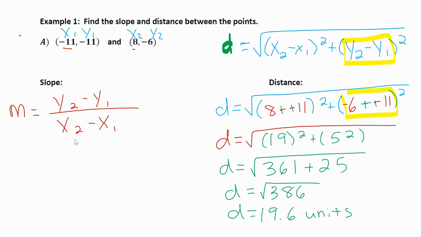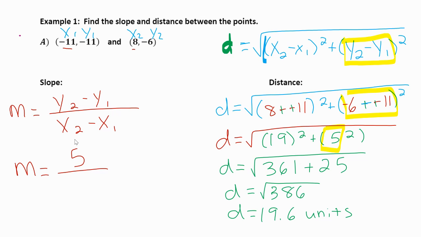I got that to be 5 before I squared it. So if I want to save a little bit of time, I can recognize that y2 minus y1 is going to be 5. If that's something you didn't catch, you can always just start the problem over again. That's fine. But it's just something to note to make the problem a little easier.